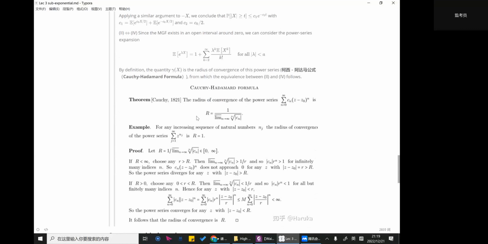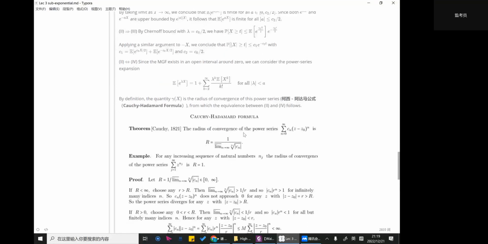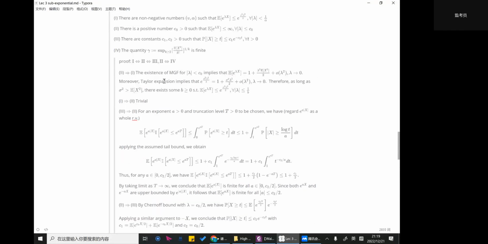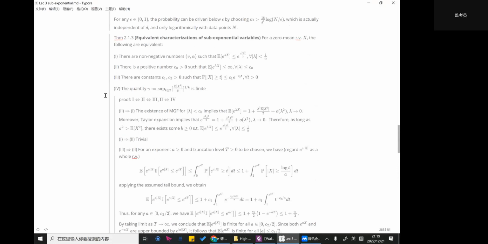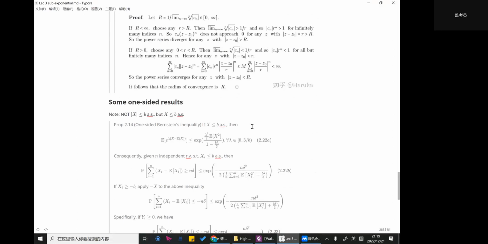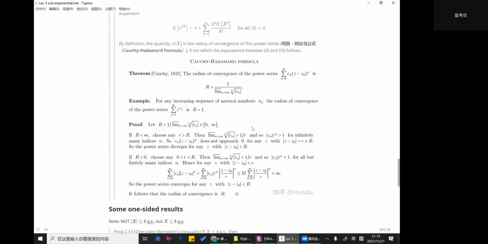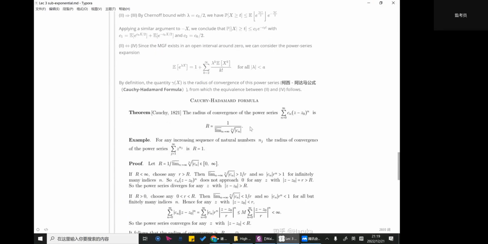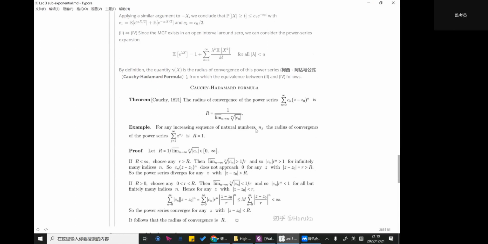So by the definition of the radius of convergence of power series, by the Cauchy-Hadamard formula, we get this, which is also what statement 4 says. So this quantity gamma is finite, meaning that the Taylor expansion of this is satisfied.